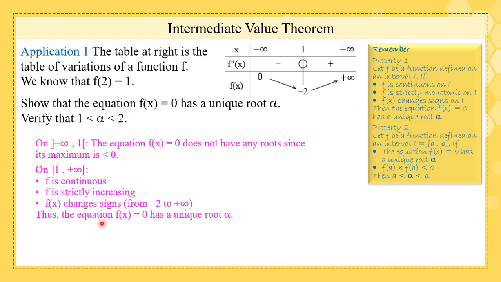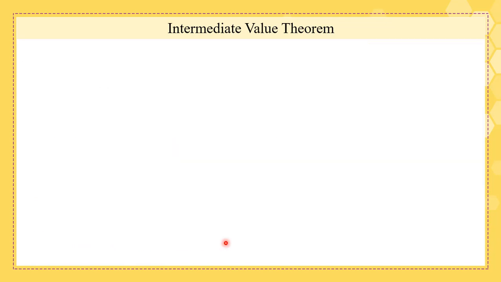So we can say that the equation f of x equals 0 has a unique root alpha. But we know that f of 1 is negative 2, which is negative, and f of 2 is 1, which is positive. So their product is negative, and we can say that alpha falls between 1 and 2. Finally, the equation f of x equals 0 has a unique root alpha.